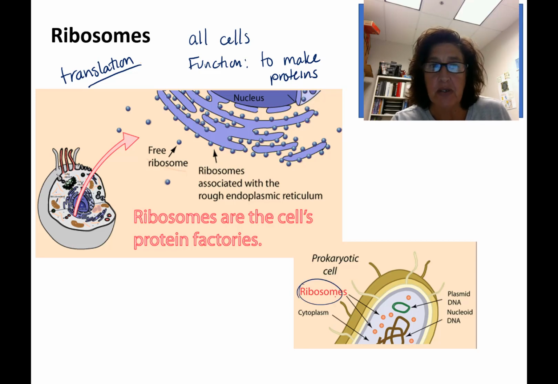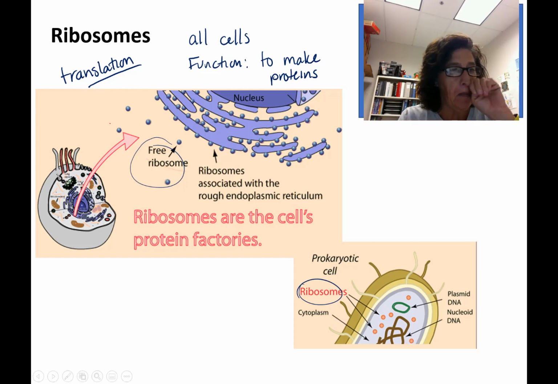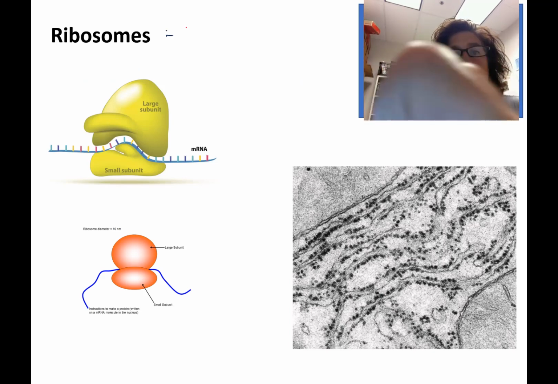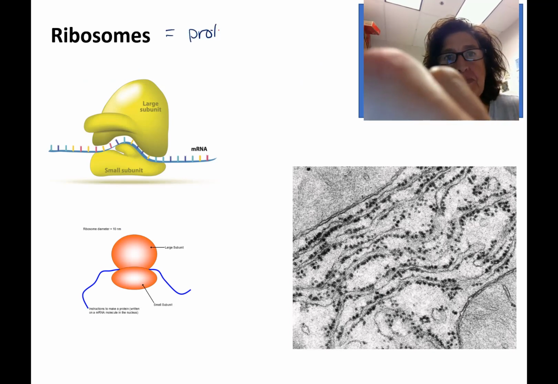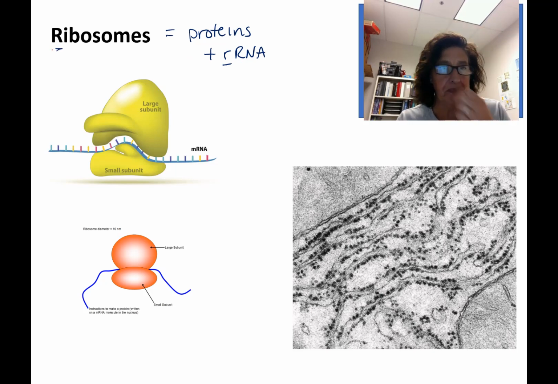All cells, ribosomes in prokaryotic cells, ribosomes in eukaryotic cells. And the structure of them are slightly different. But the function is the same. So let's look at what a ribosome is made of. And ribosomes are made of proteins and something called rRNA, and the R stands for ribosomal RNA.